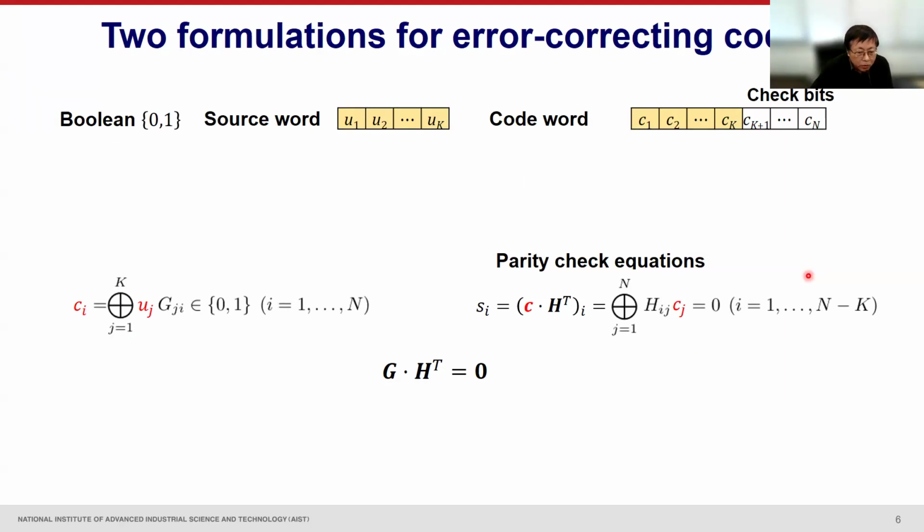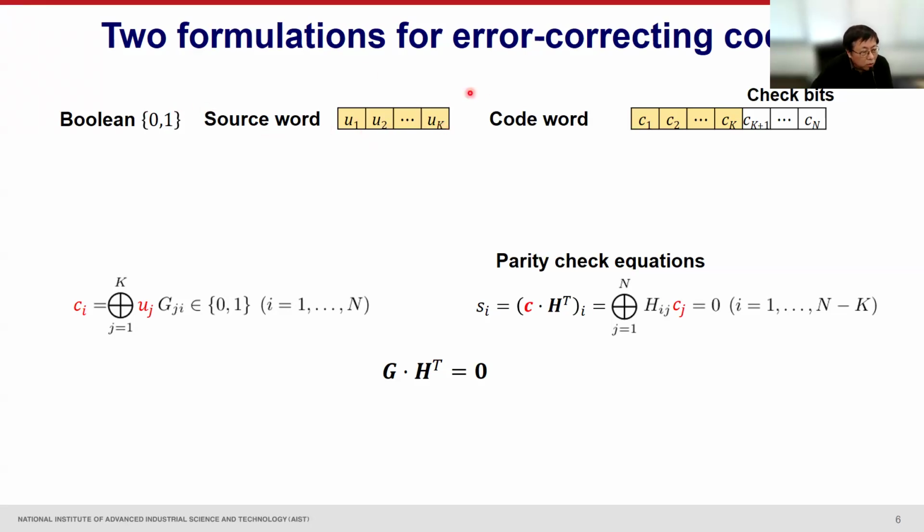This view graph shows the formulation of error correcting codes. We consider linear block codes with a message of length large K, as a set of Boolean variables from U1 to UK.